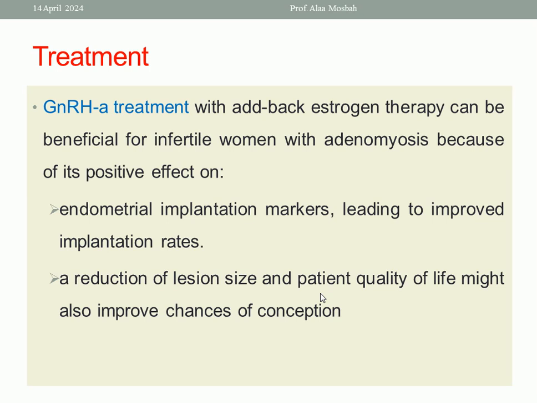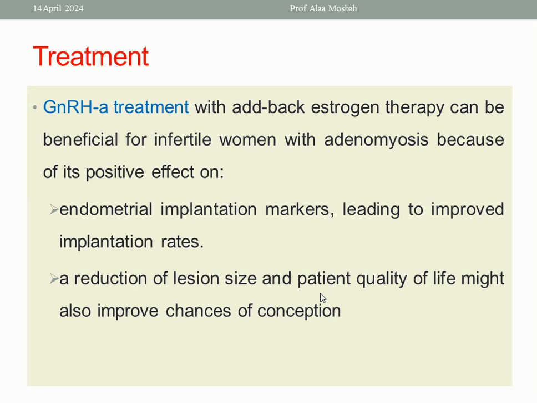It can be beneficial for infertile women with adenomyosis because of its positive effect on endometrial implantation markers, leading to improved implantation rates. What else? A reduction of lesion size and improving patient quality of life. All of these improve chances of conception.